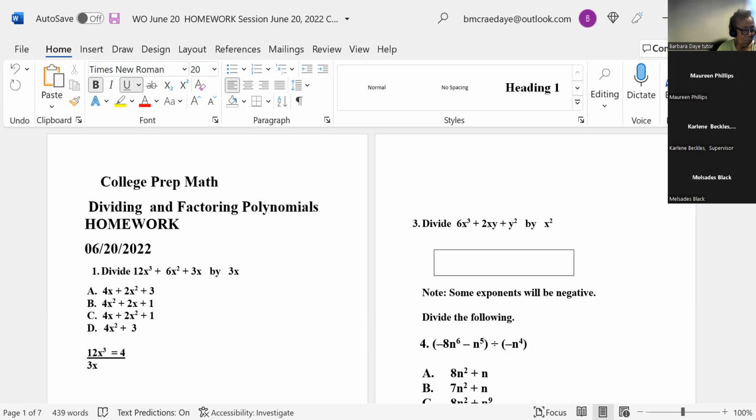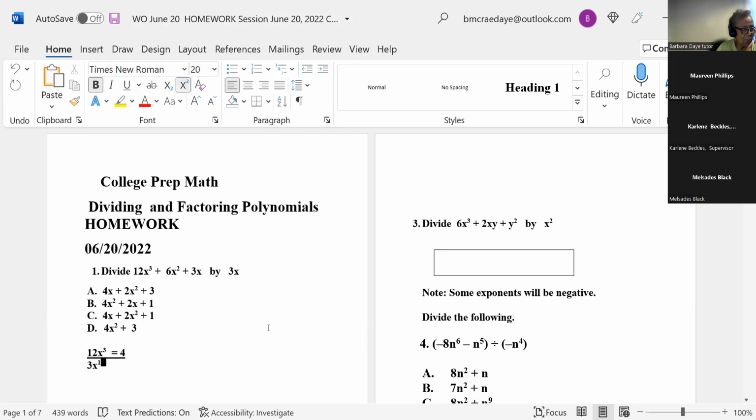Now, x to the third divided by x to the 1 is what, Mercedes? Remember, there is a 1 here. You don't see it, but that's the default, so put it there.